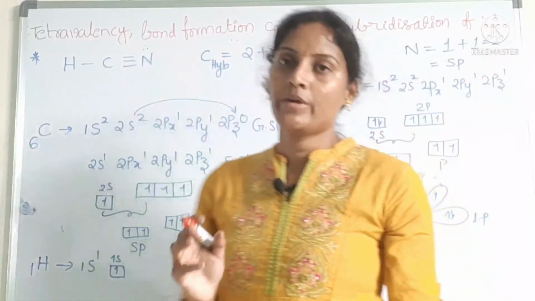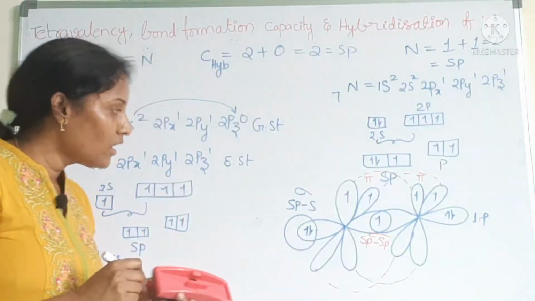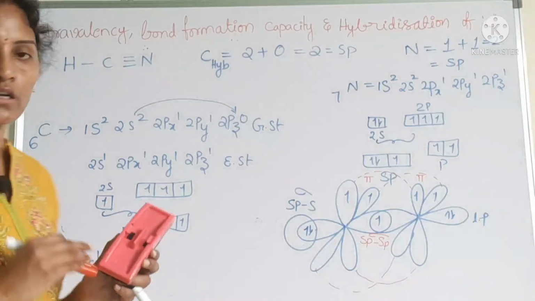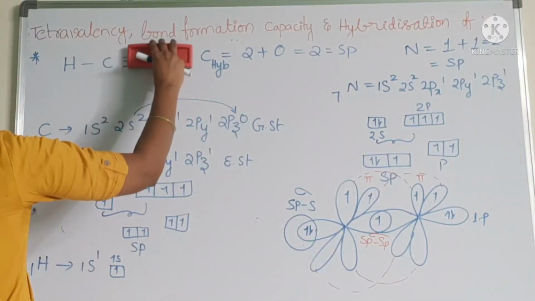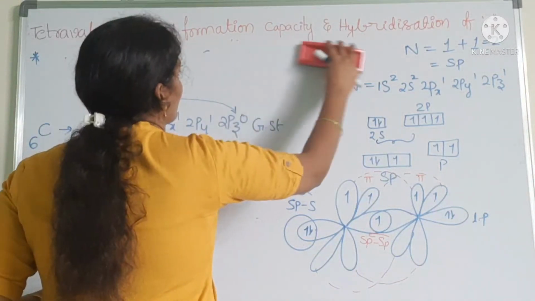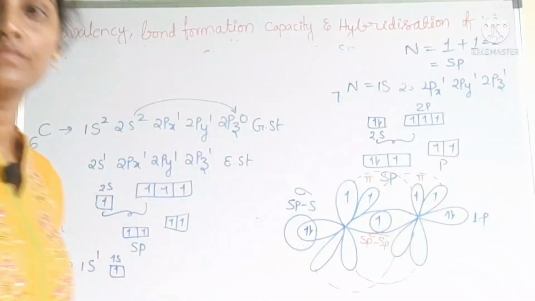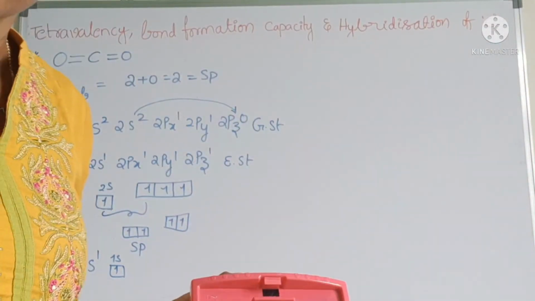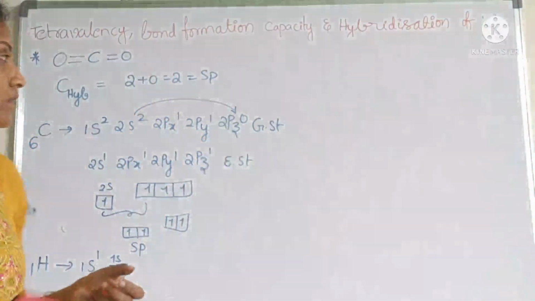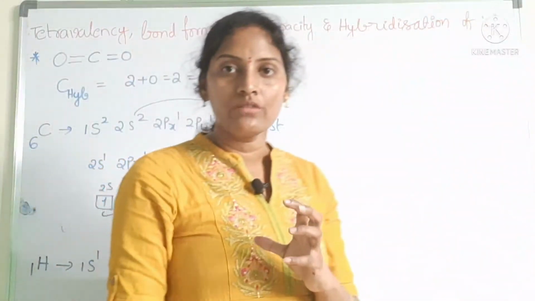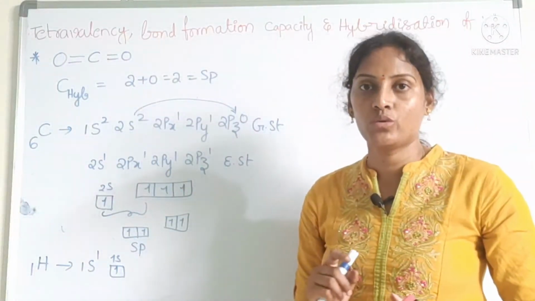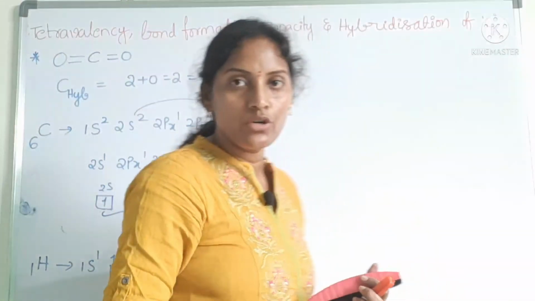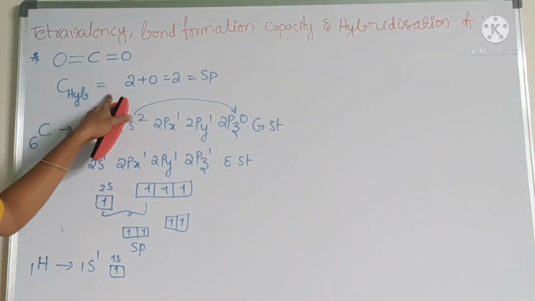Okay, coming to the next one, how carbon can form 2 double bonds. For the formation of 2 double bonds by carbon, you can take the example of CO2 formation. In CO2, carbon will undergo sp hybridization.